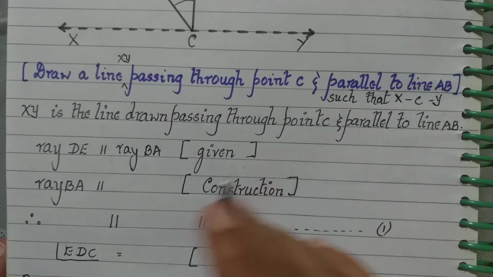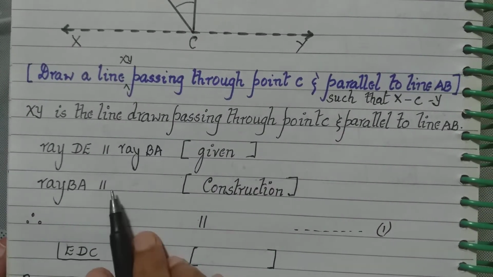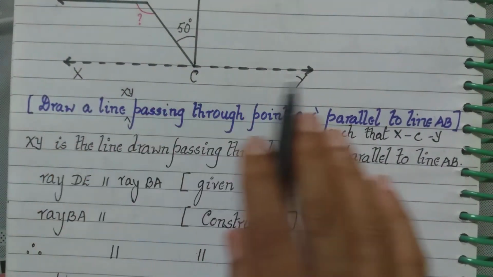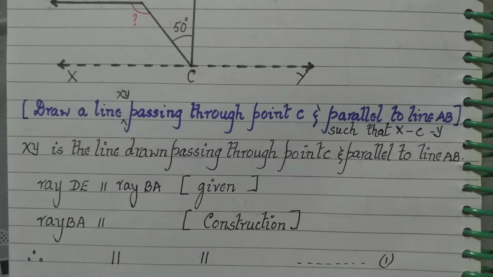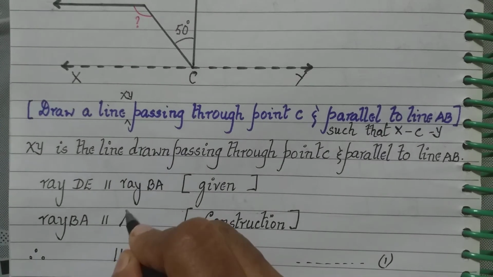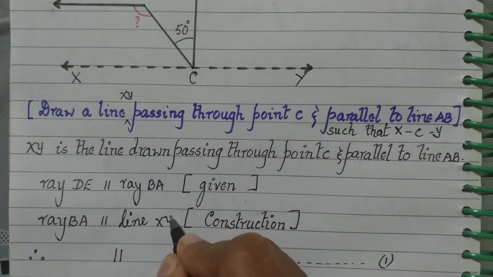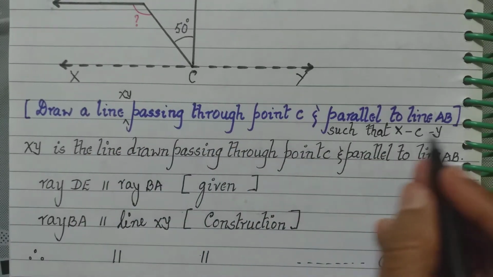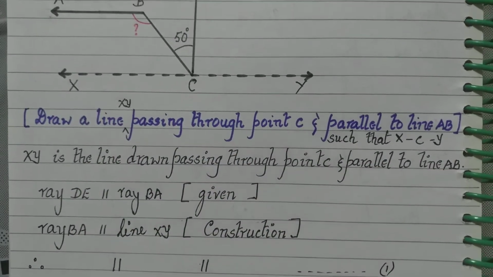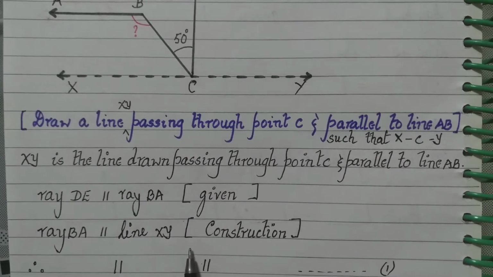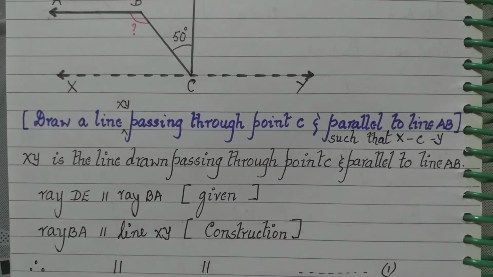Now we also see that ray BA is parallel to this line XY. How did we get that? By the construction which we did. We have done a construction saying that it will be parallel to line AB. So ray BA is parallel to line XY by construction.